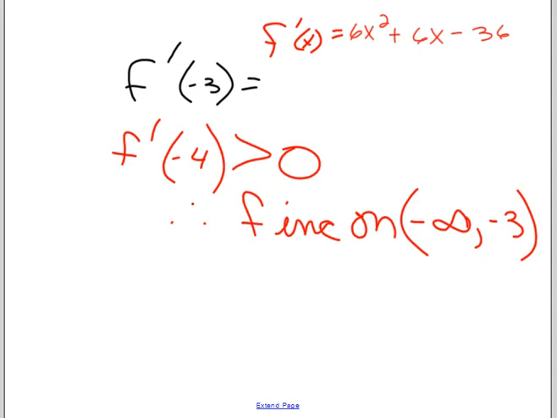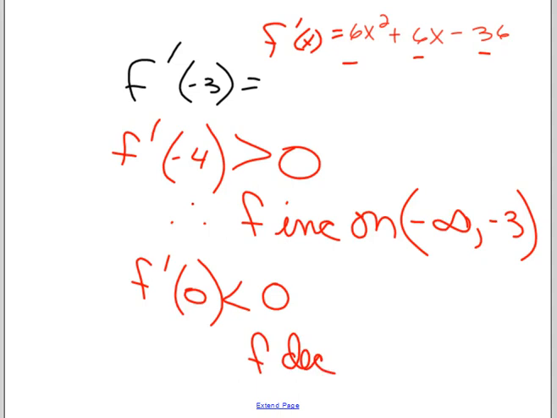But what? I was going to say, could you test f prime of -2? Then I'm going to say f prime of, well, I'm even going to make it easier. F prime of 0. F prime of 0 is -36, which is less than 0. So what that tells me is f is decreasing from -3 to 2.